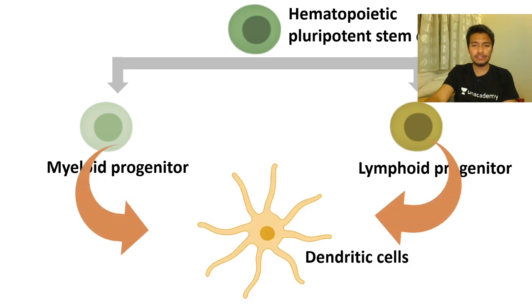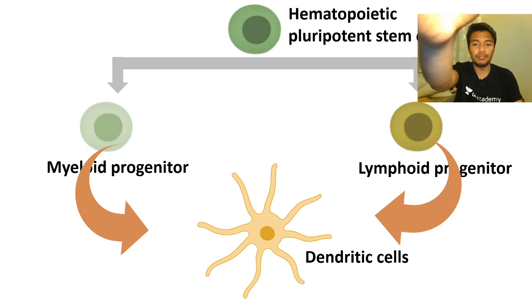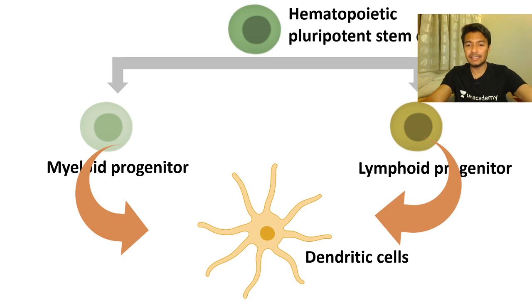Fine. So one important thing to know is that both myeloid progenitor and lymphoid progenitor can give rise to one of your innate immune system components, which is your dendritic cell.